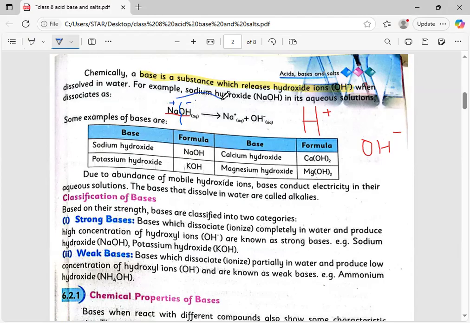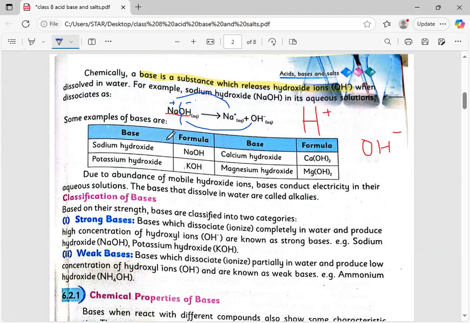So Na plus and OH minus dissociate in the water. Therefore, the bases lose strength when dissolved in water, because whenever the base is added, the water molecules trap these basic molecules, break the bonds between them and separate them from each other, ultimately reducing the strength of the base. And in this case, the base can produce hydroxide ions in the solution.